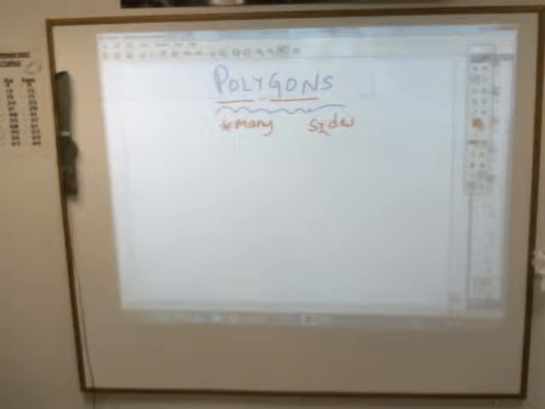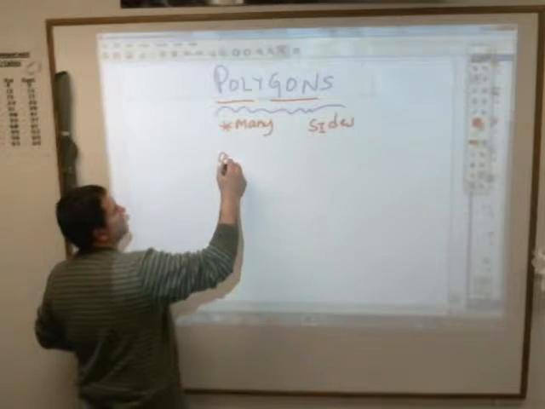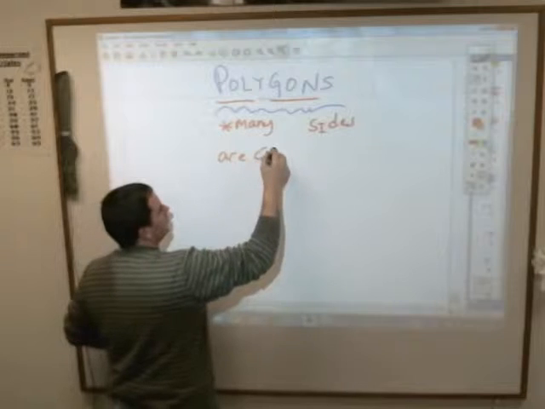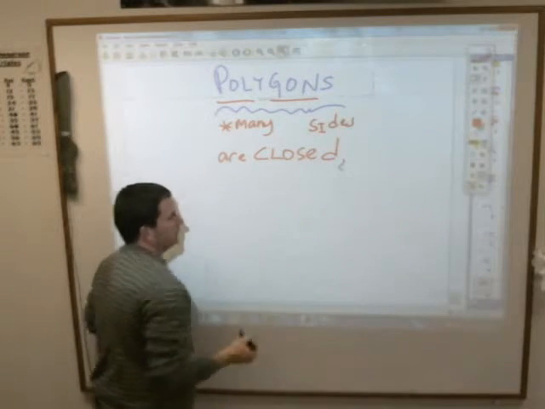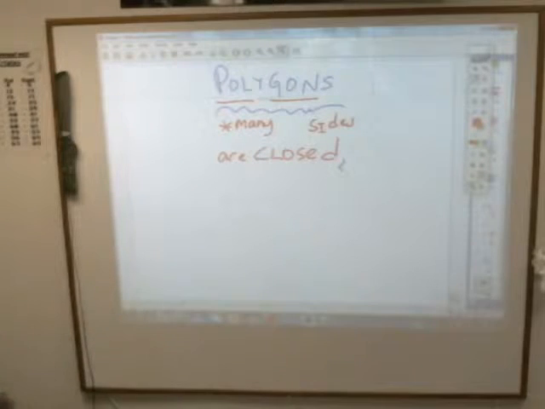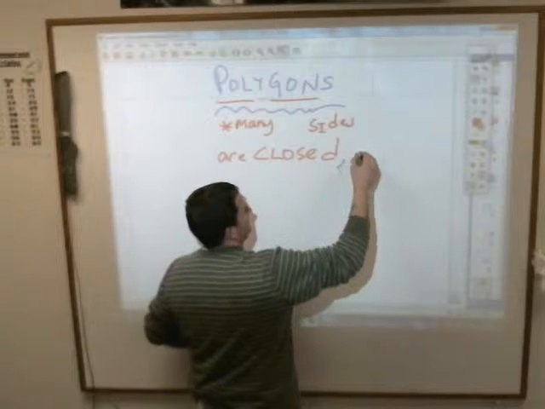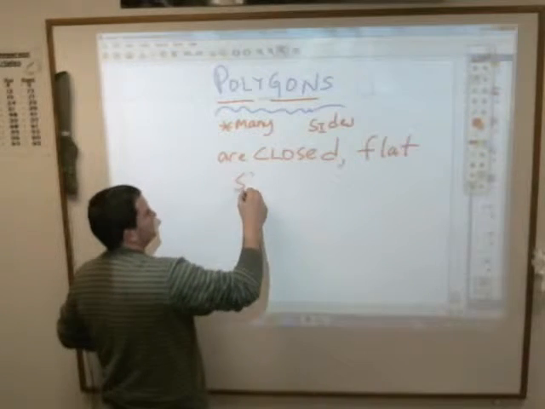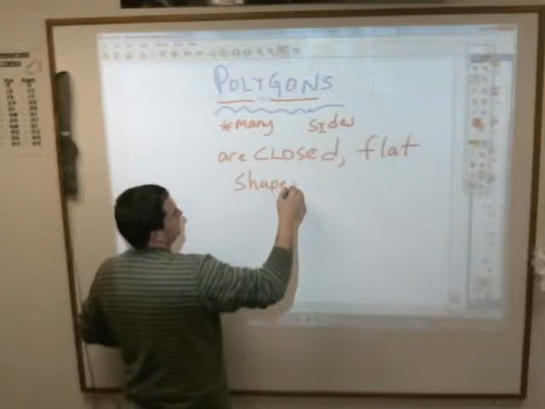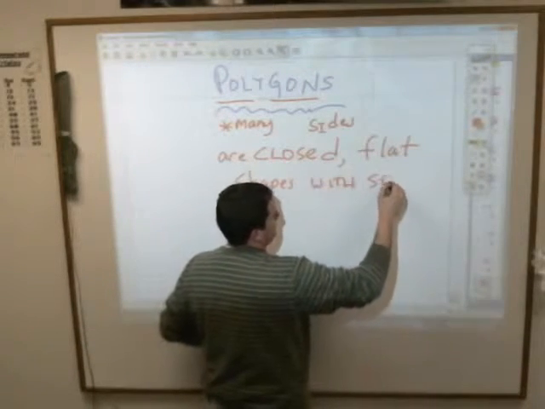Now, in order for something to be a polygon, it has to fit this category. Polygons are closed, flat shapes with straight sides.